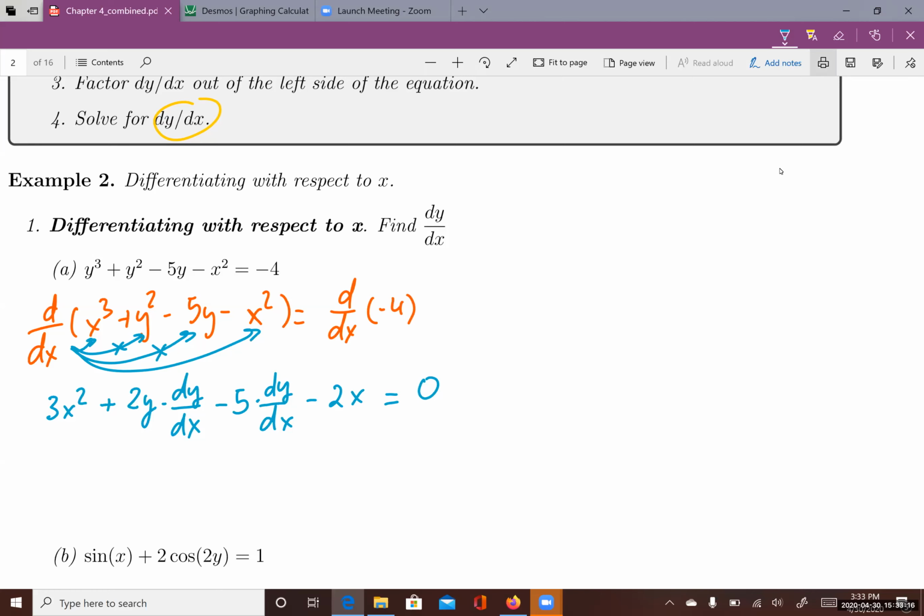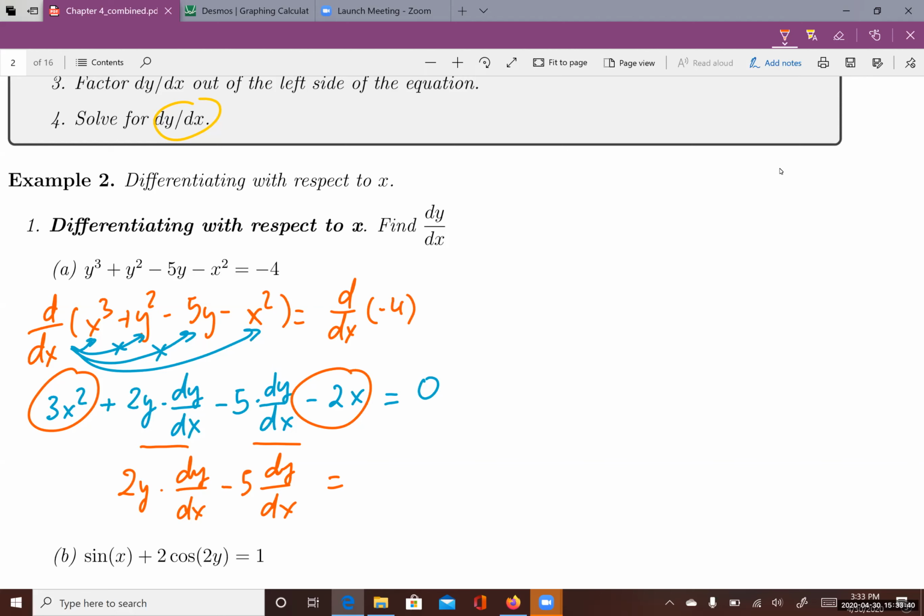Okay. And the next step is I want to move all the terms that have dy dx to the left side and everything else to the right side. So I keep these two terms on the left. And I move this and this term to the right.